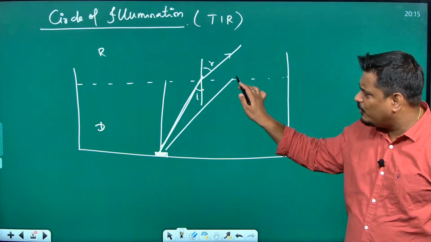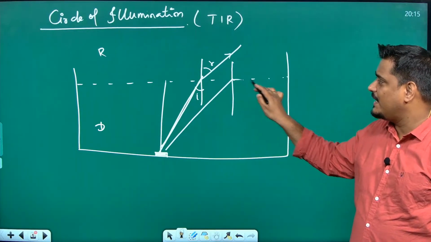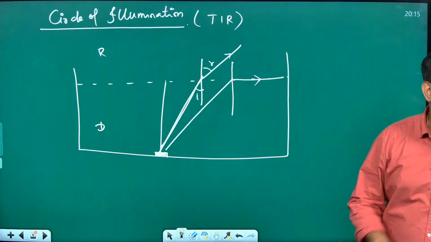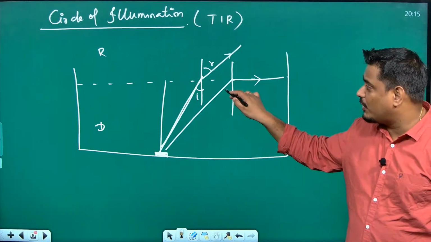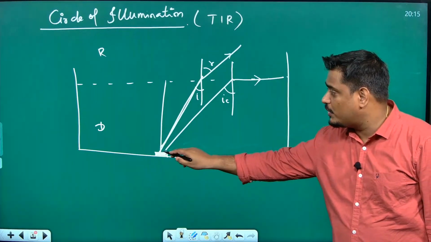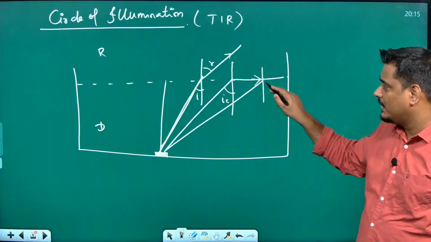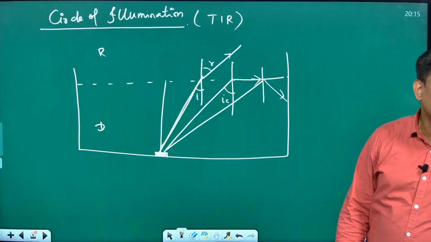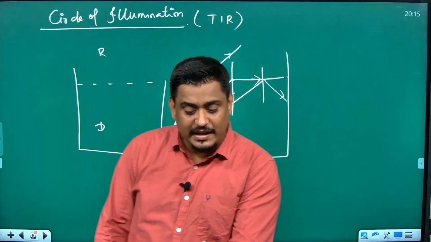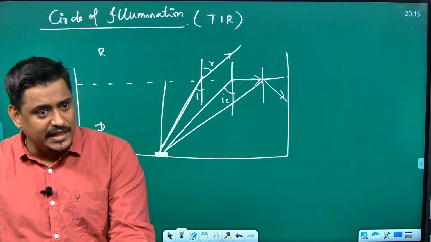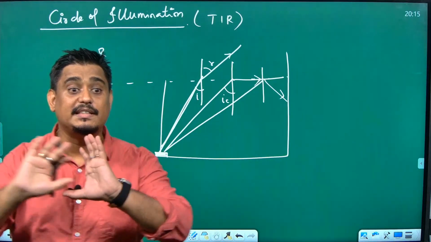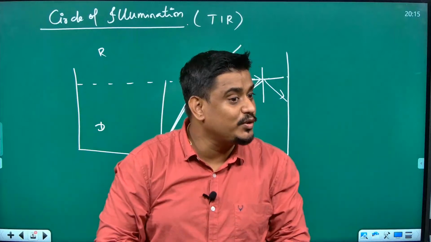For a particular angle of incidence, light starts to what? Graze, giving a shining effect. And whatever light has more than the critical angle is going to undergo what? TIR. So one light ray is coming, undergoing TIR, once again hitting the bottom, once again going above, creating illumination throughout the swimming pool.